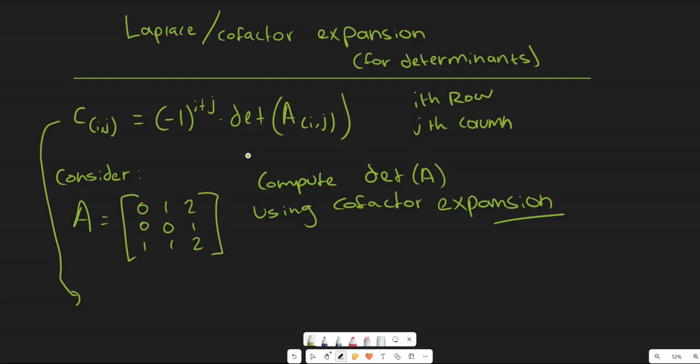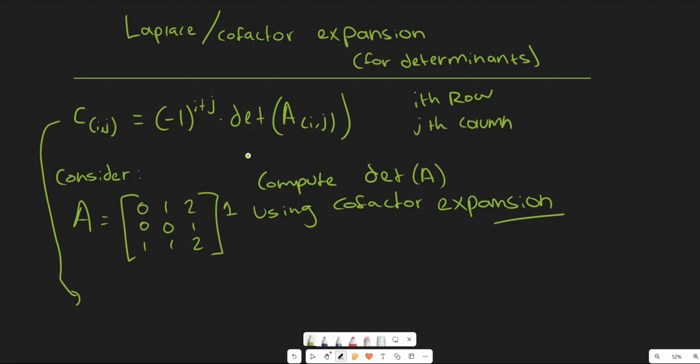We choose one particular row, say row 1, row 2, or row 3, and we stay in that row, but then we change columns. So we move from this column to this column to this column, or we can do it the other way, vice versa. So for this video, I'm going to be locking the row.